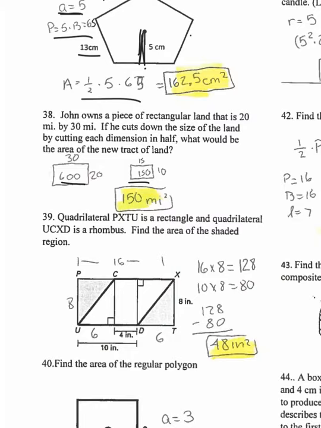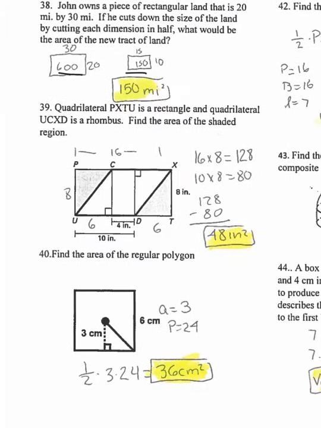39. Quadrilateral PXTU is a rectangle, and quadrilateral UCXD is a rhombus. Find the area. So over here you have 10 and 4, which means this has to be 6, which makes that 6, which makes the whole top 16, because the bottom would be 16, and 8.